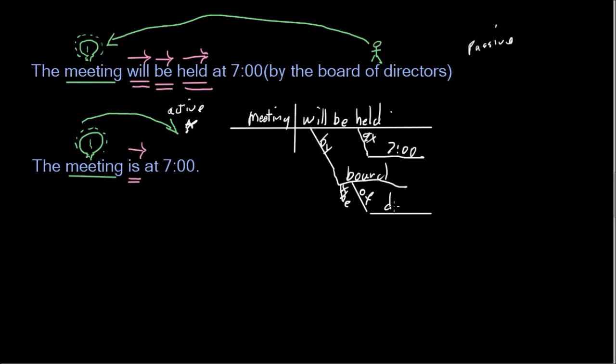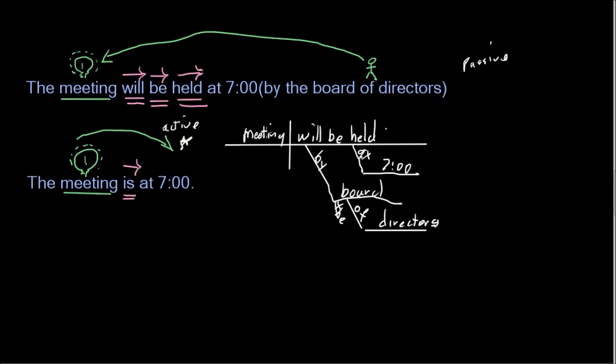In this case the preposition is functioning as an adjective, modifying the board. Okay, now in the active case, the meeting again is the subject. The meeting just is.